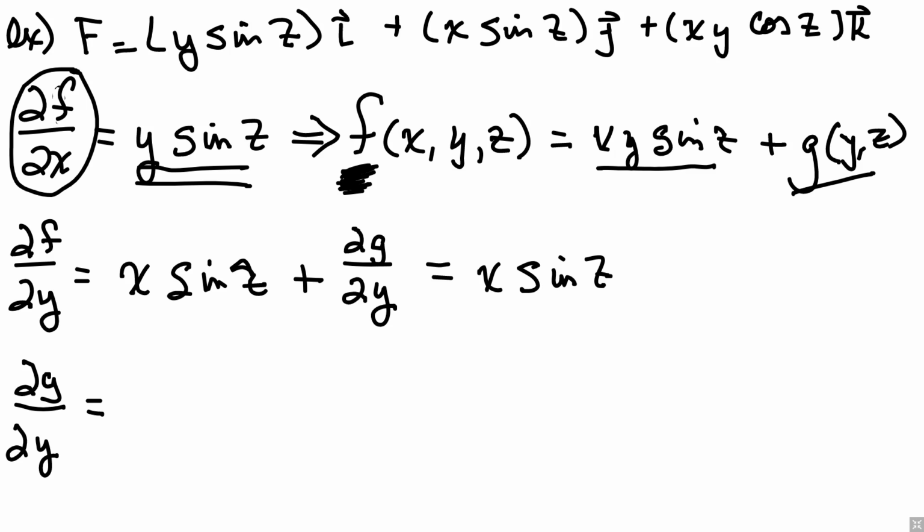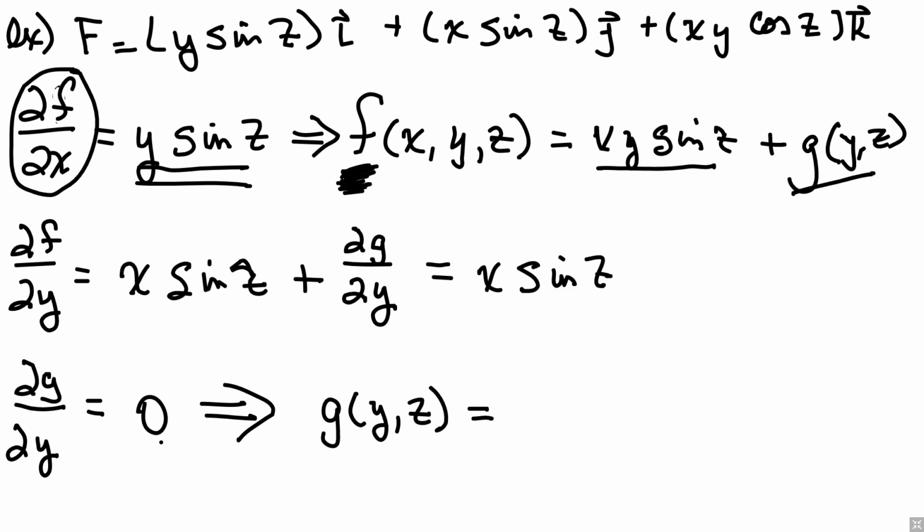Which tells us that the partial of g in respect to y is going to be equal to 0. Now, if we integrate this in respect to y, the left-hand side is going to become a function in terms of y and z, and that's going to be equal to the antiderivative of 0, which is 0.